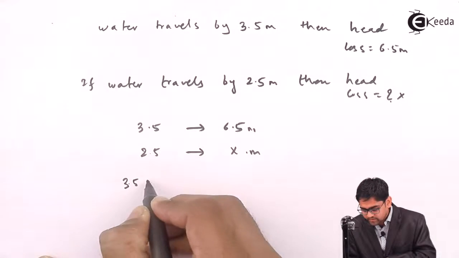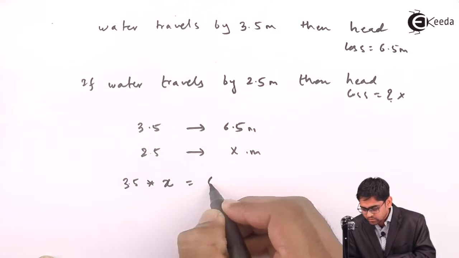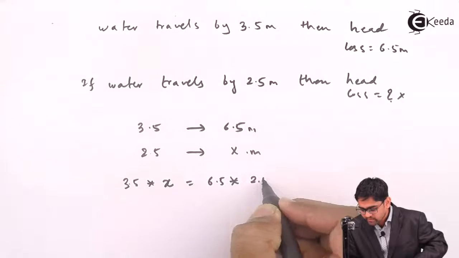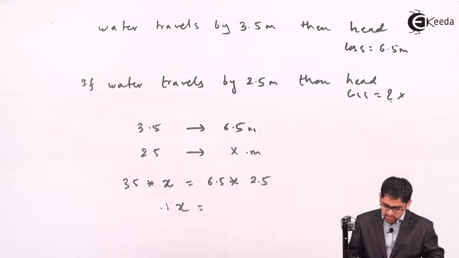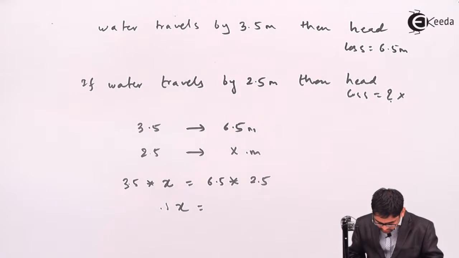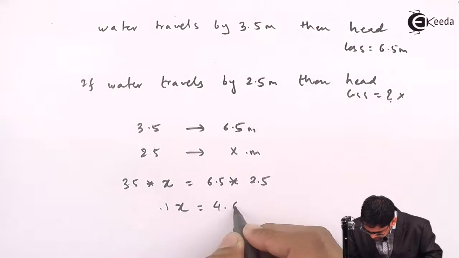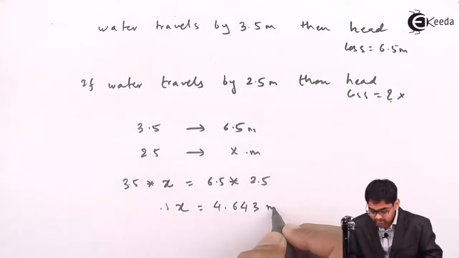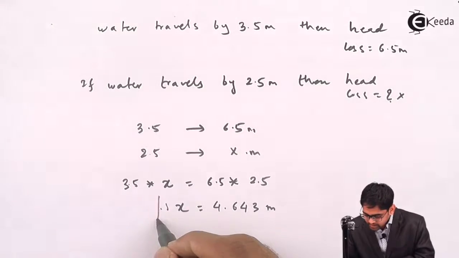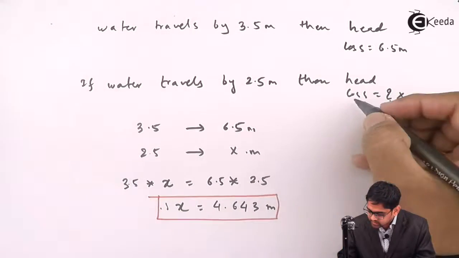Therefore 3.5 into x equals 6.5 into 2.5. So you get x as 6.5 times 2.5 divided by 3.5, which is 4.643 meter, which is nothing but the head loss. Remember, x is nothing but head loss.